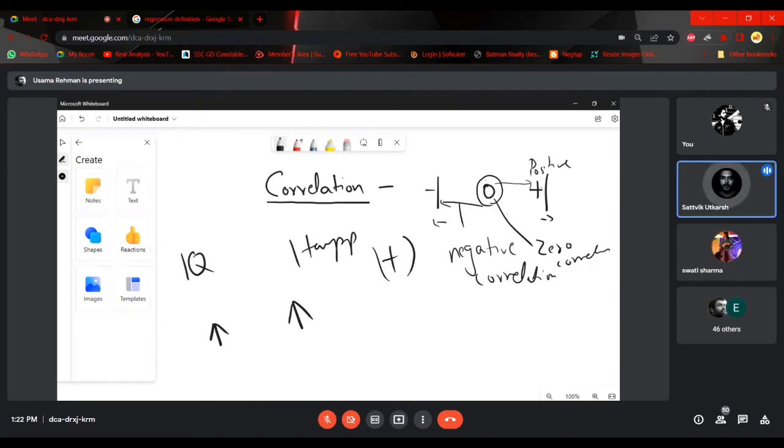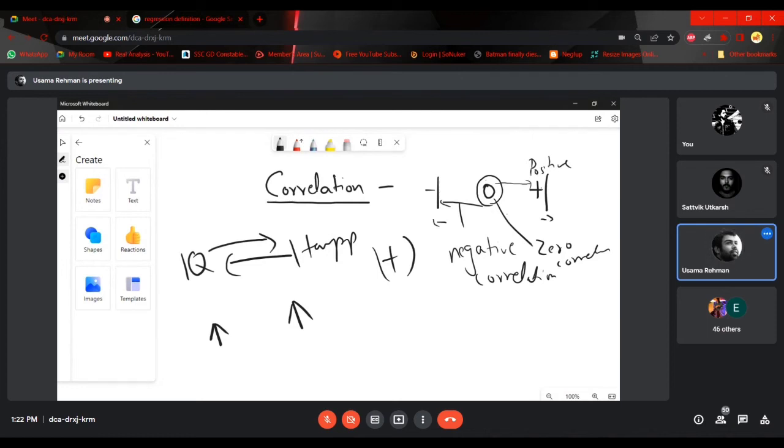Yes, sir. Which one is causing which one? Theoretically, happiness cannot lead to an increase in IQ. It is the other way around always. IQ will always lead to more happiness. But correlation will not talk about these causes. Correlation will only talk about the relationship between two variables, A and B. That's it.